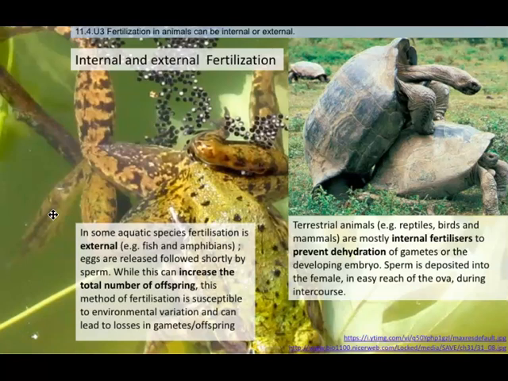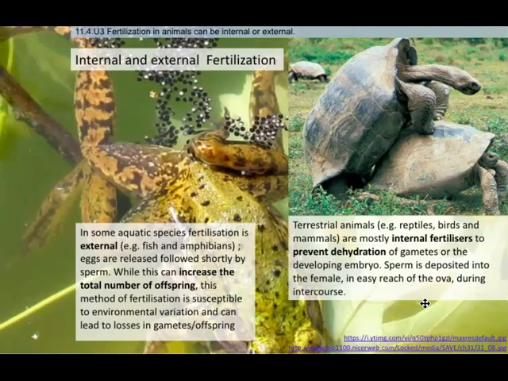This can increase the total number of offspring, okay? But this also is susceptible to a lot of environmental variation, like changes in the water temperature or pH, for example, or maybe even pollution, and also predation. So that's going to lead to an overall greater loss in gametes or offspring.